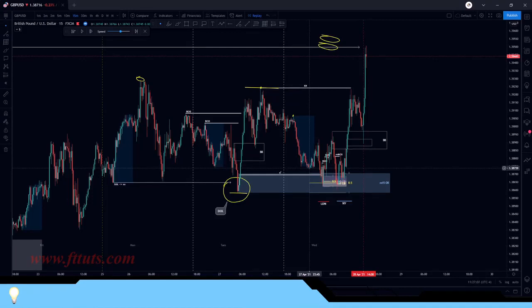So you can specialize on the lower time frames as long as you're supporting your lower time frame entries with a higher time frame analysis. Okay. And of course, we showcased the importance of the peak session times, right? We want to filter out entry signals if they don't line up with our peak session times.